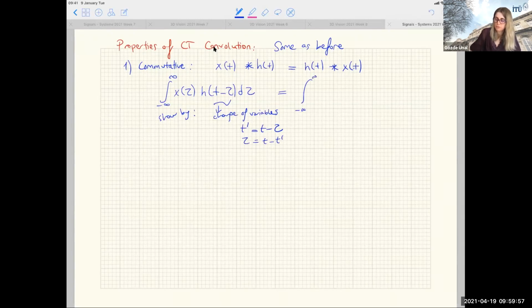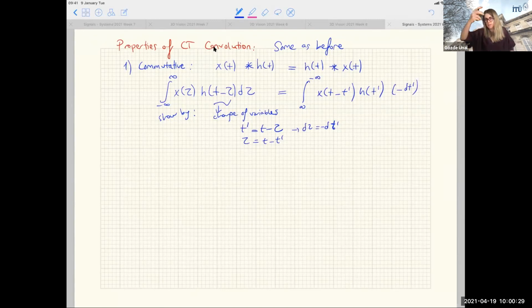So now I have x of t minus t prime, h of t prime, and d tau is minus dt prime, right? But then I also have to change these integral limits, and we will be fine from there, because we will go back to the right.